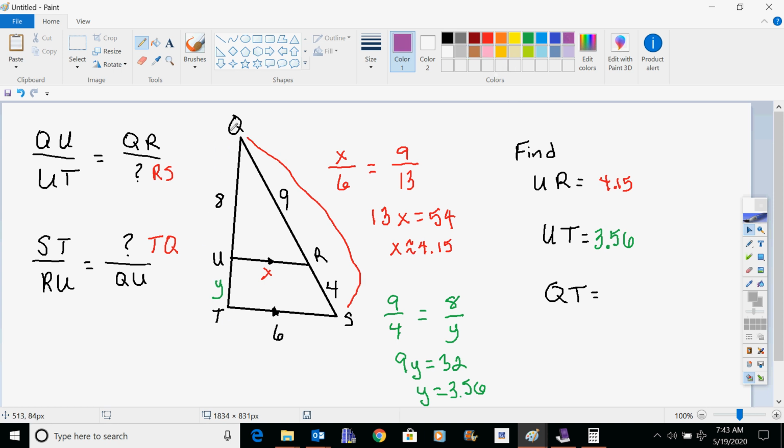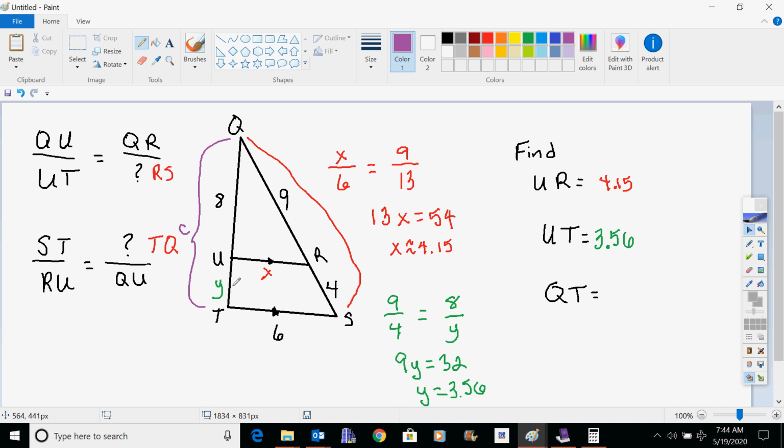Okay, so QT, let's just make it into a C for lack of something better. So that we have this, we can set up a proportion here in any way that we want. You can also use the idea that you already found y.